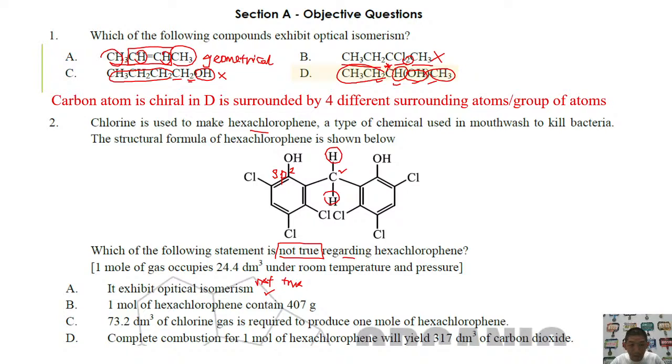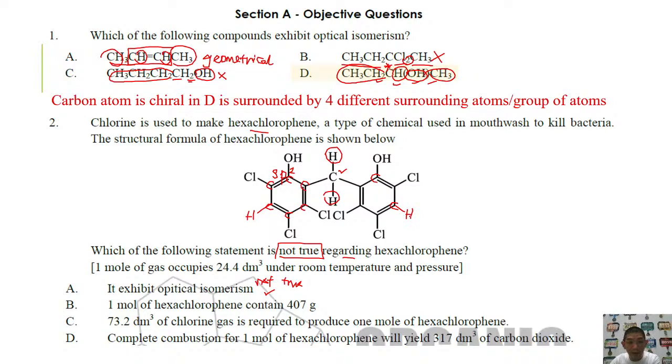Then for B, 1 mole of hexachlorophene contains 407 grams. So you have to calculate the relative molecular mass, but before that, you have to deduce the molecular formula. In a skeletal structure we do not show hydrogen, so you must know by yourself that there is a hydrogen here and here inside the benzene ring.